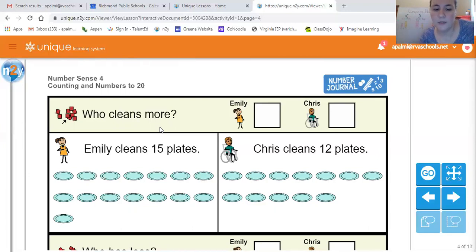So now we need to count our yellow blocks for Chris. And my words say Chris cleans 12 plates. So let's talk about Chris.